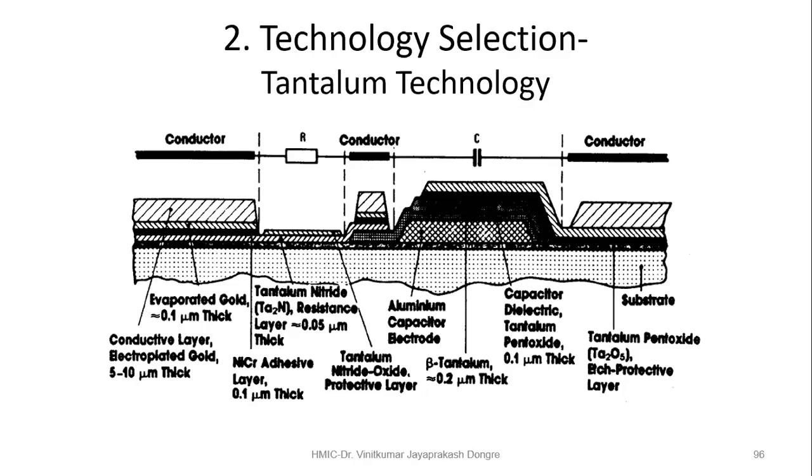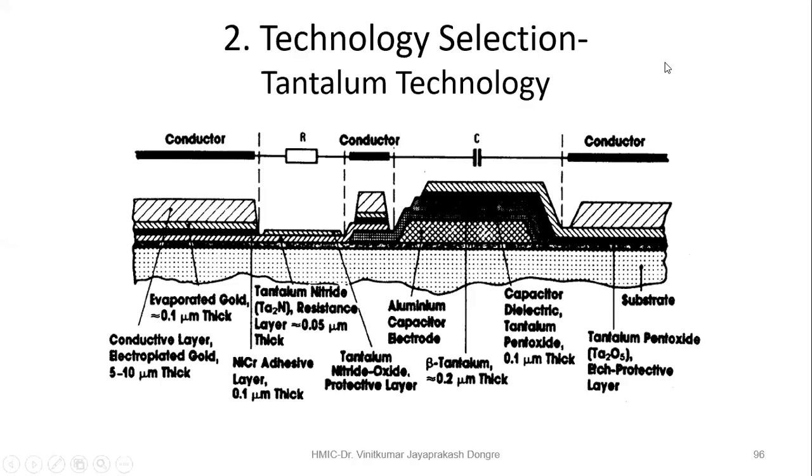All the other semiconductor material, like diodes, transistors or any other semiconductor ICs, are mounted externally as hybrid components. Here the conductor layer is gold, with 5 to 10 micrometer thickness. These are the general standards.